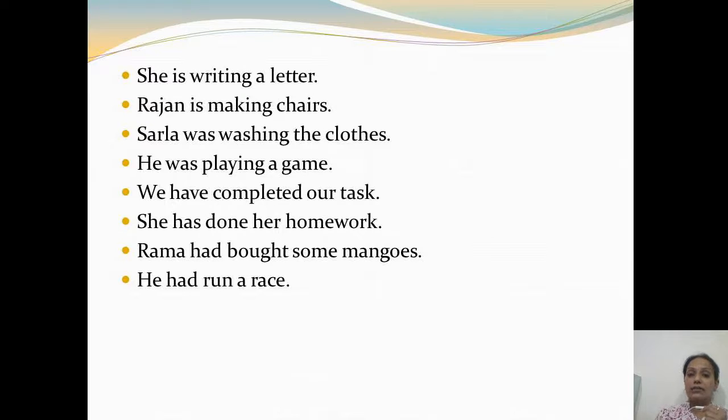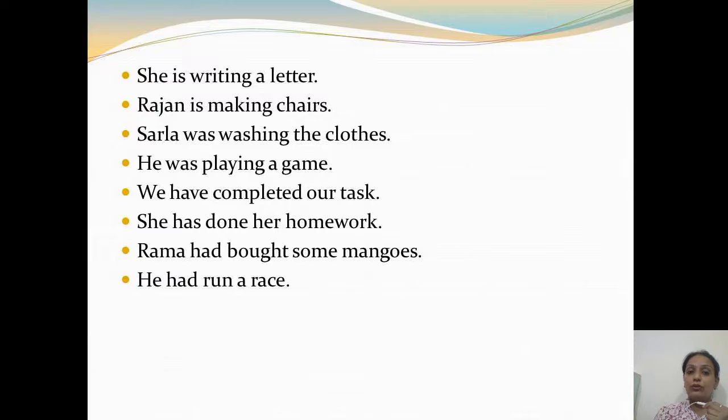Now our task is singular, so we will be using has. Our task has been. Now completed is already in third form, we need not change it. Our task has been completed. Now we will add the preposition by and change we into us. So the passive sentence will be: our task has been completed by us.